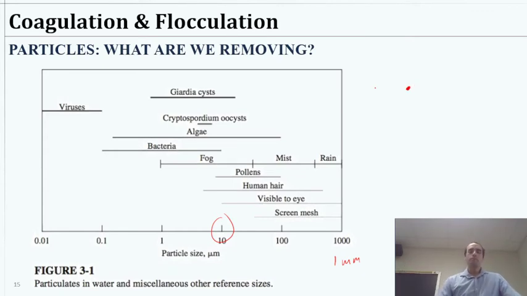So, all right. With that, what we want to do is cause the particles to stick together, especially because if we take a look at our equation again, we had g times the rho of the particle minus the rho of the water, times the diameter of the particle squared. And if you think about which parameters we can change, we could maybe change the viscosity if we change the temperature, but not by much, right?